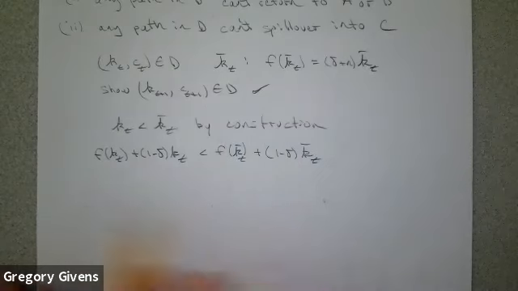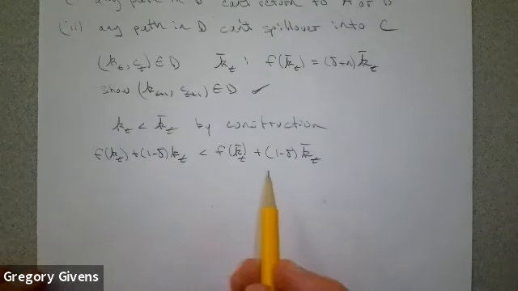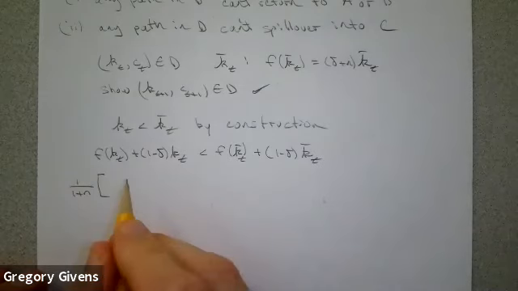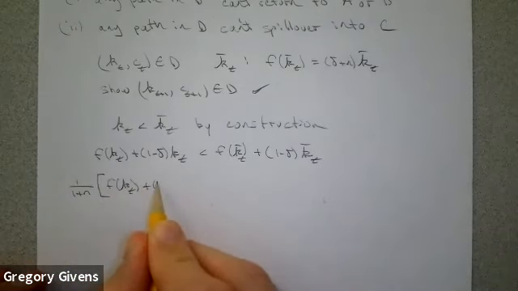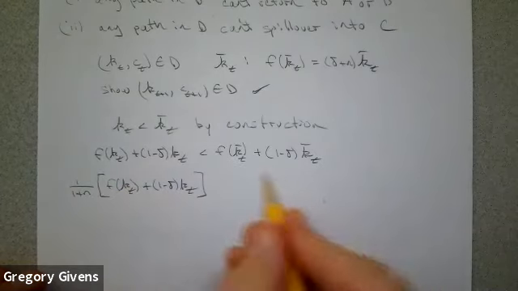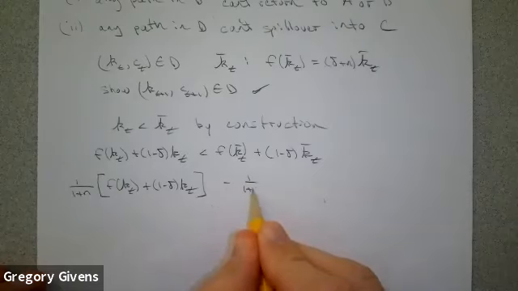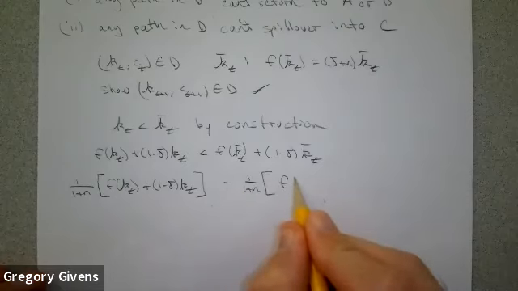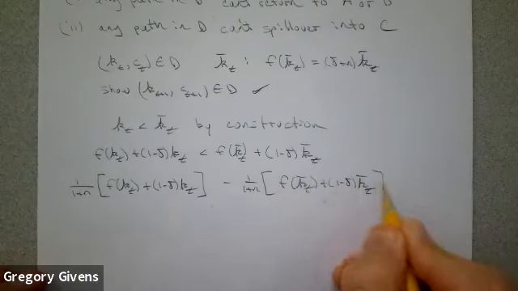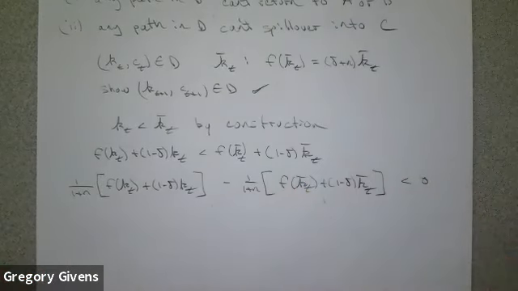Let me multiply both sides of this equation by 1 over 1 plus n. So 1 over 1 plus n times f of k plus 1 minus delta k, minus 1 over 1 plus n times f of k bar plus 1 minus delta k bar has to be less than 0.